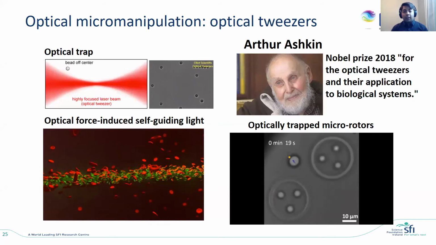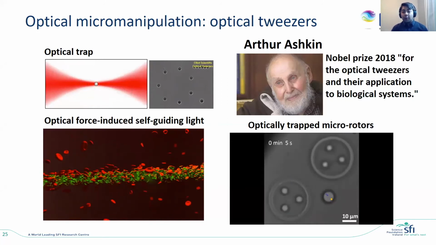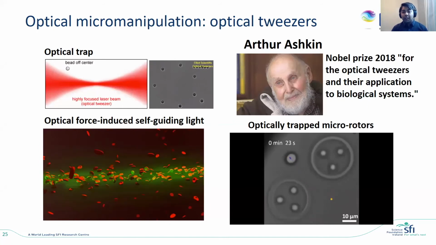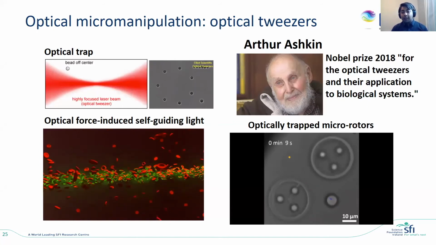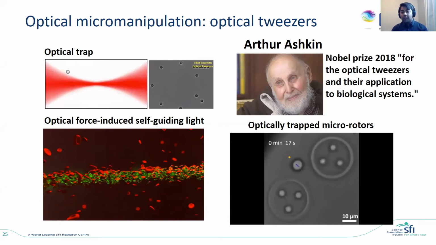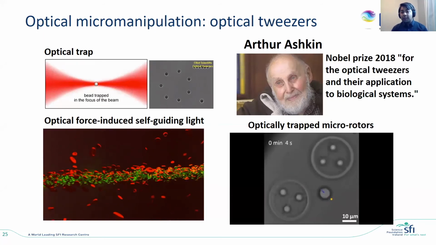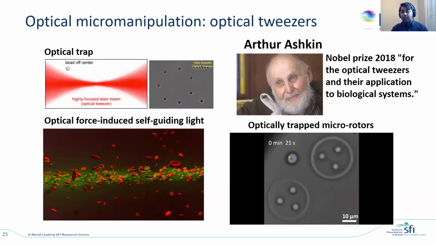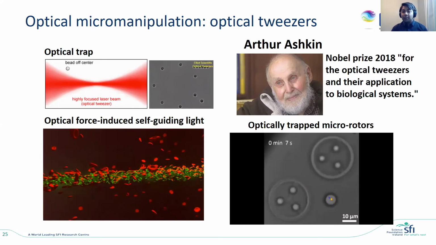So all these optical traps and optical micro manipulation technology gave Arthur Ashkin, one of the Nobel laureates of 2018, his Nobel Prize, for the discovery of the optical tweezers and their applications in biological systems.